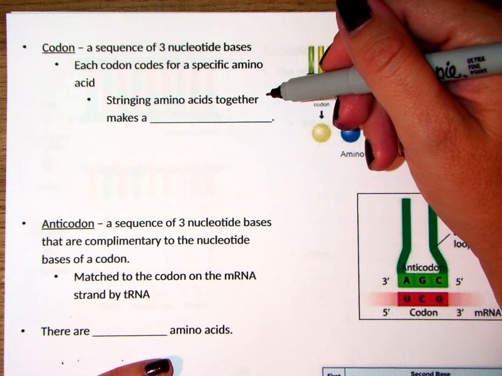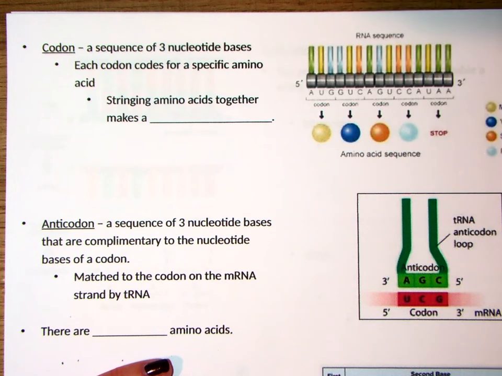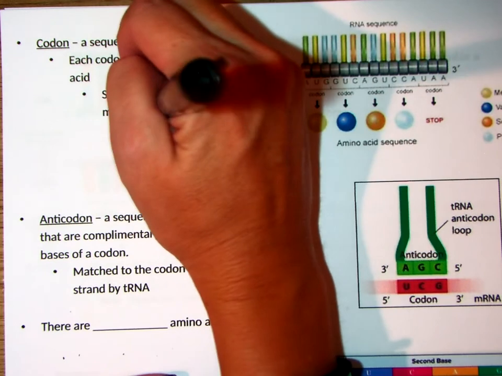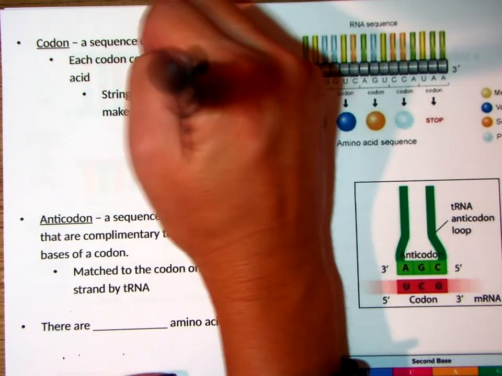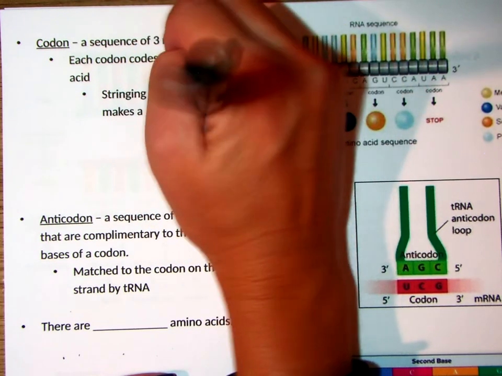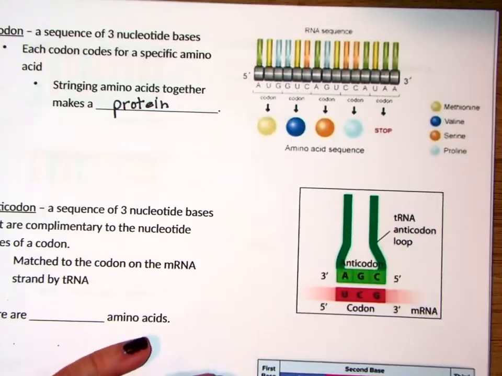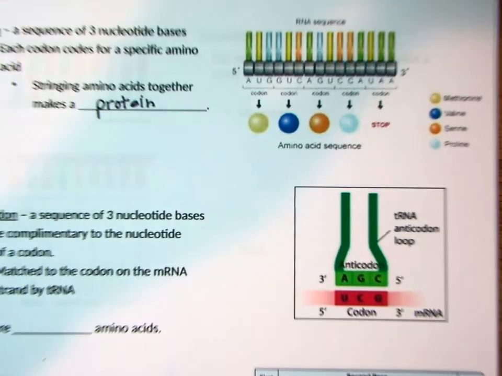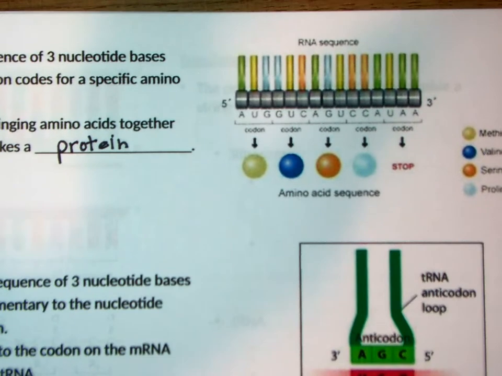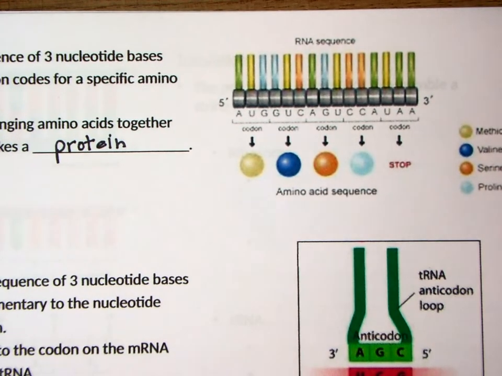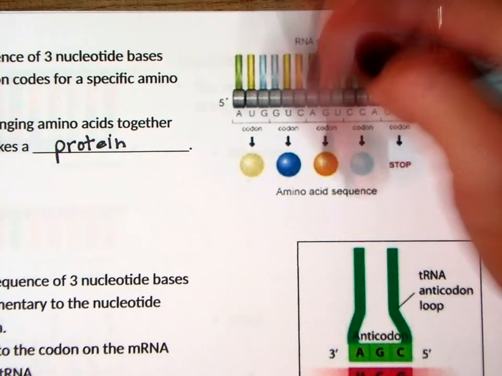Take a minute, see if you can remember. It makes a protein. Okay, so if this were our RNA sequence right here, we've got these triplet codons.